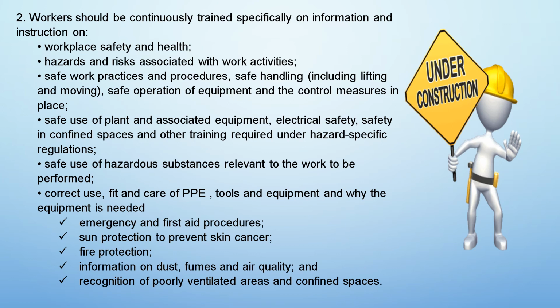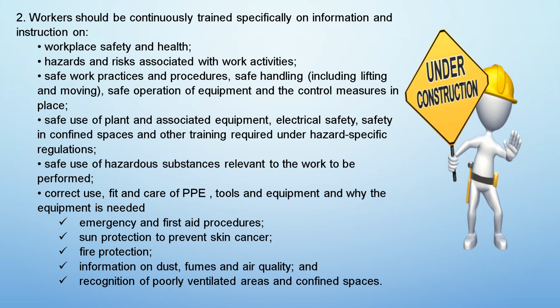Workers should be continuously trained specifically on information and instruction on workplace safety and health, hazards and risks associated with work activities, safe work practices and procedures, safe handling including lifting and moving, safe operation of equipment and the control measures in place.